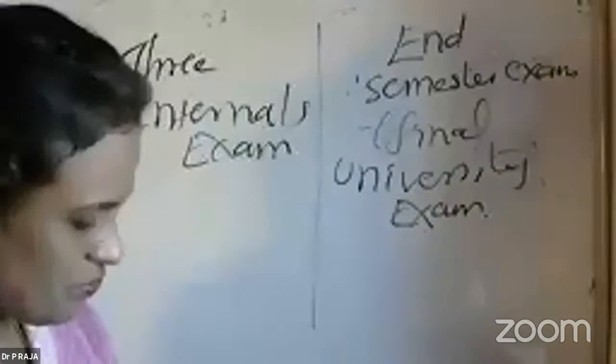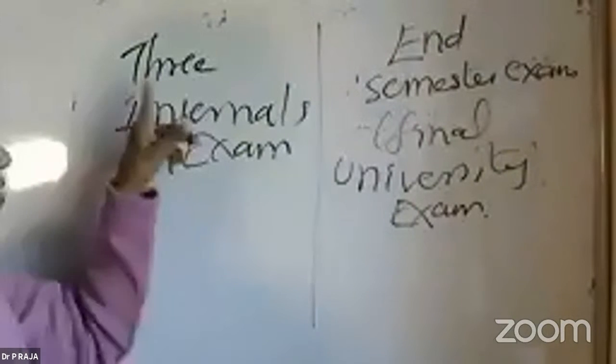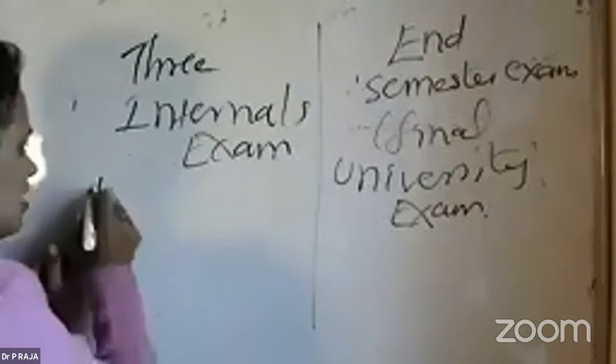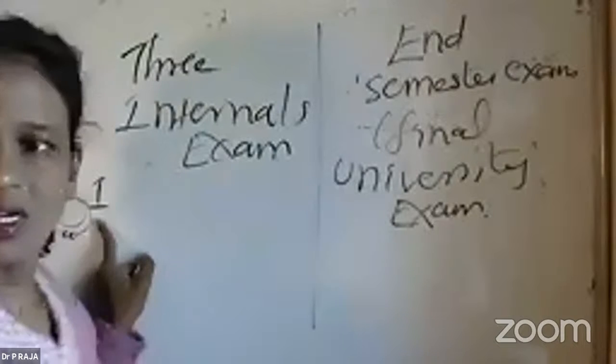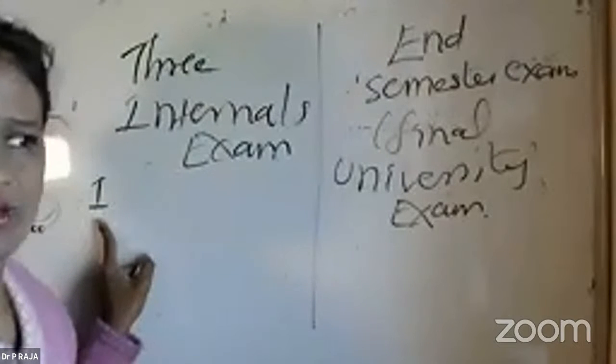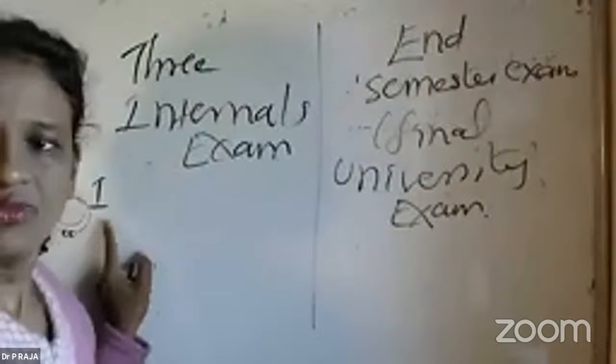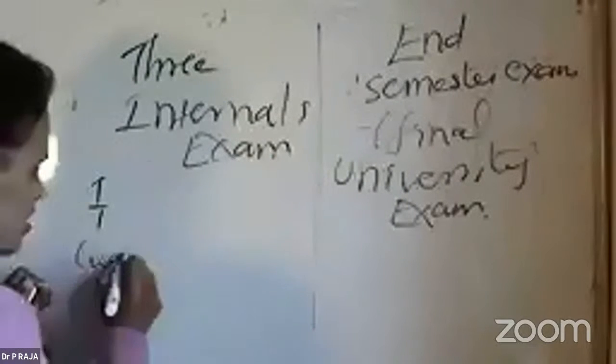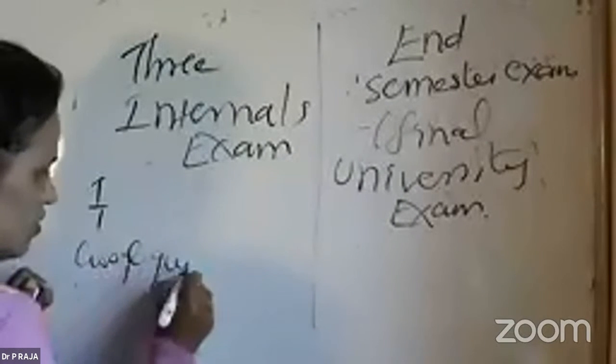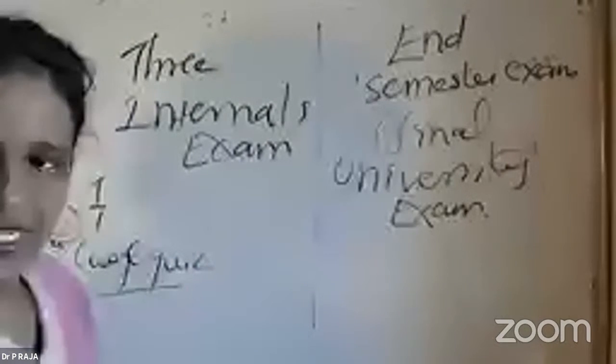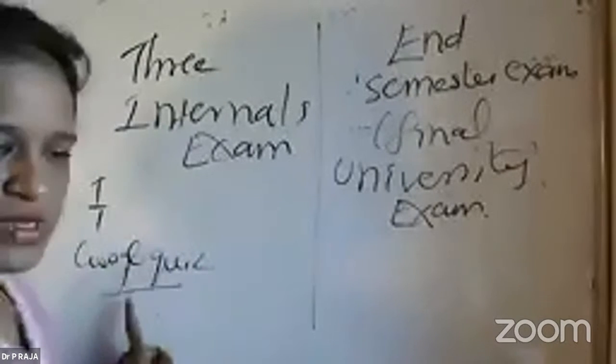Now, the first internal was given, I think, by December 1, isn't it? We gave it in a Google form, in a Google quiz. Only 86 or 87 students appeared, all the others were absent.